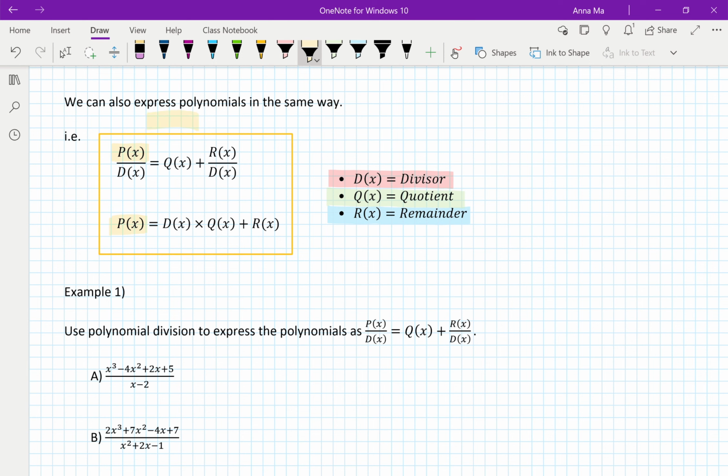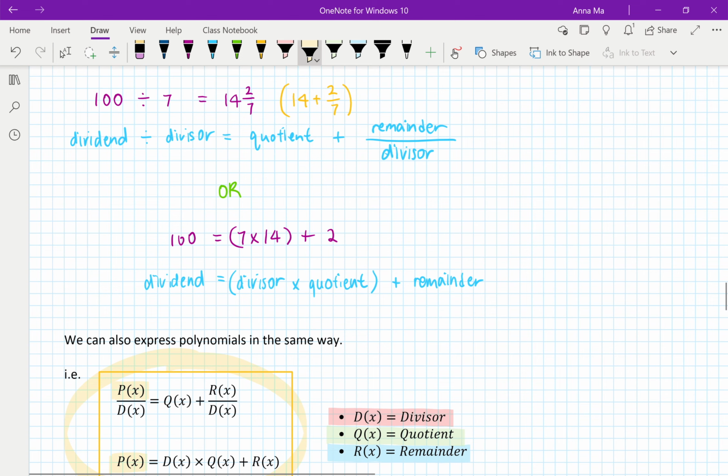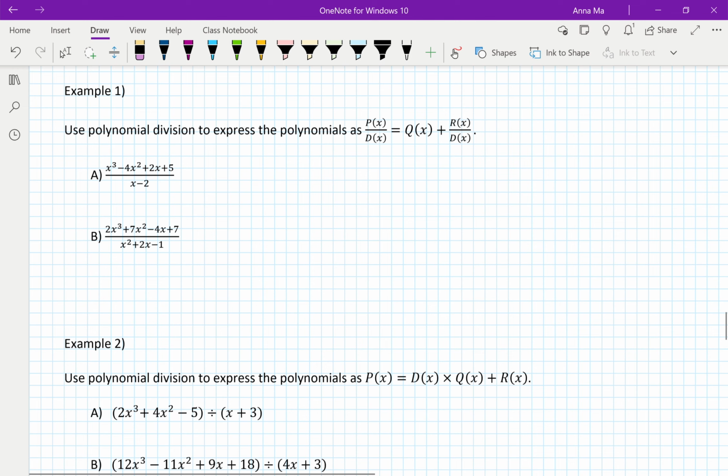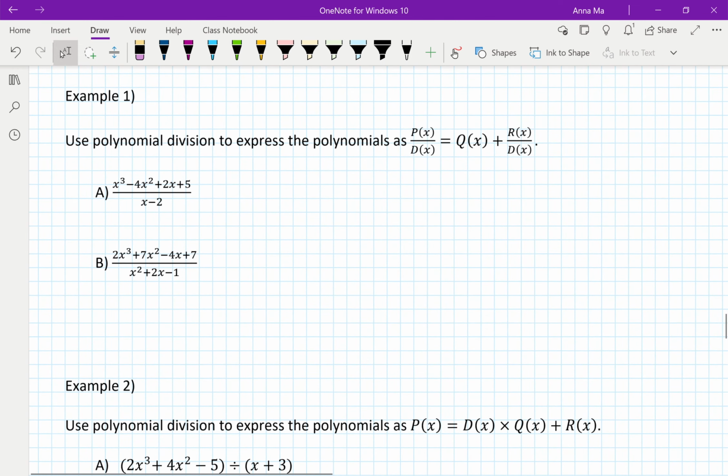So you can see that the format is exactly the same as what we had here, but one's in words, one's in mathematical expression. So have a look at the example. Use the polynomial divisions to express it in this format.